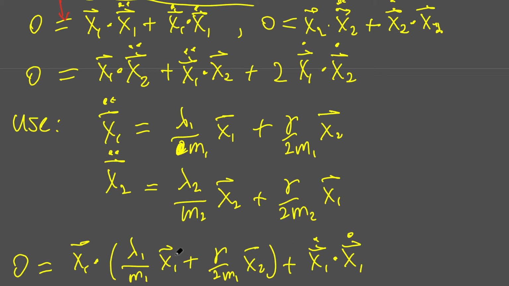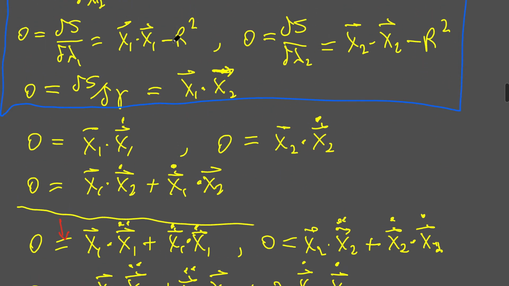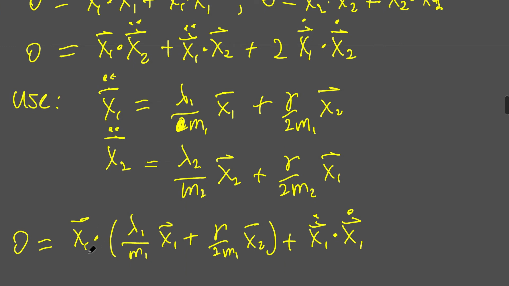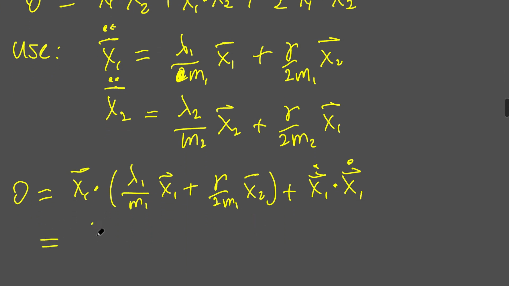Okay, now you see here we have x1 vector dot product with x1 vector, but we know that's equal to r squared. We also know the x1 vector dotted with x2 vector is 0. So this dot product with this vanishes. So this equation simplifies to lambda 1 over m1 times r squared from this term plus 0 plus x1 vector dot dotted with x1 vector dot.